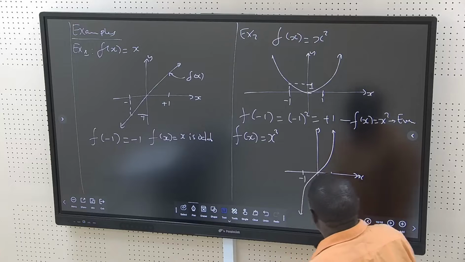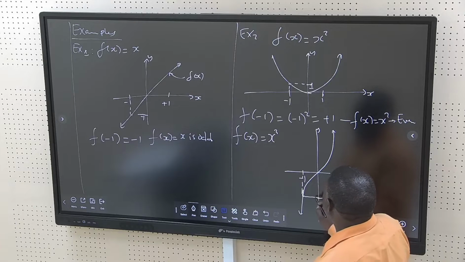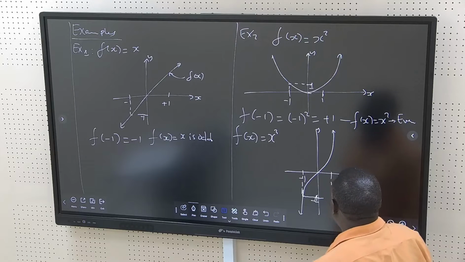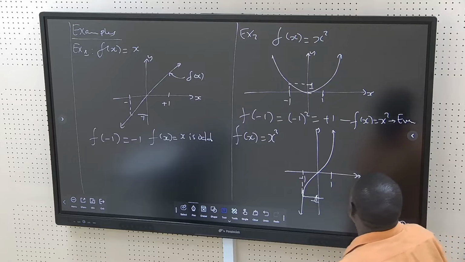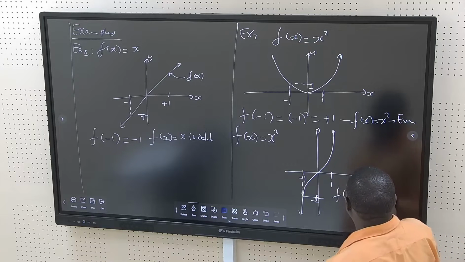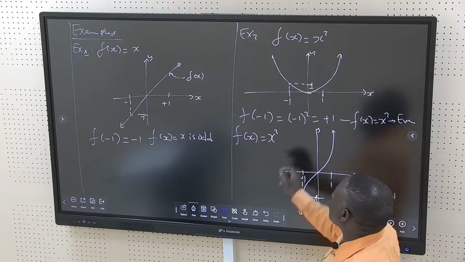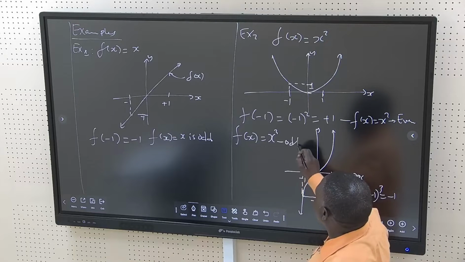You see, f of negative 1 gives you something here, negative 1. So f of negative 1 equals negative 1 cubed, which is negative 1. So f of x, which is x cubed, is odd.